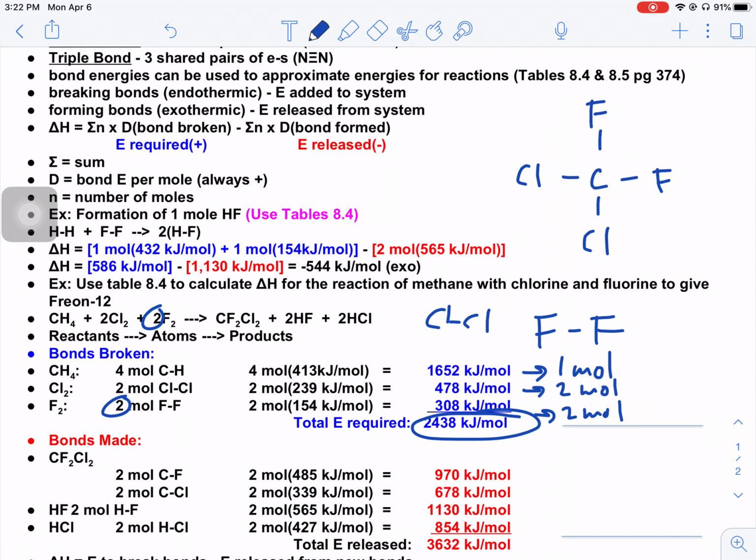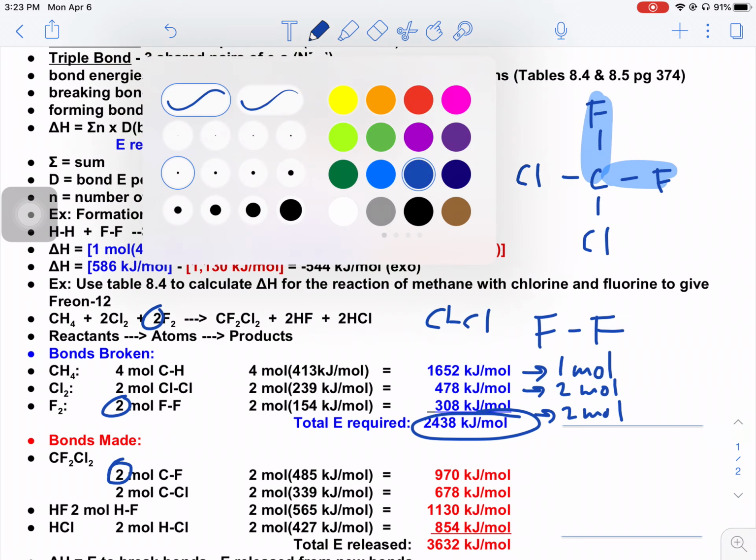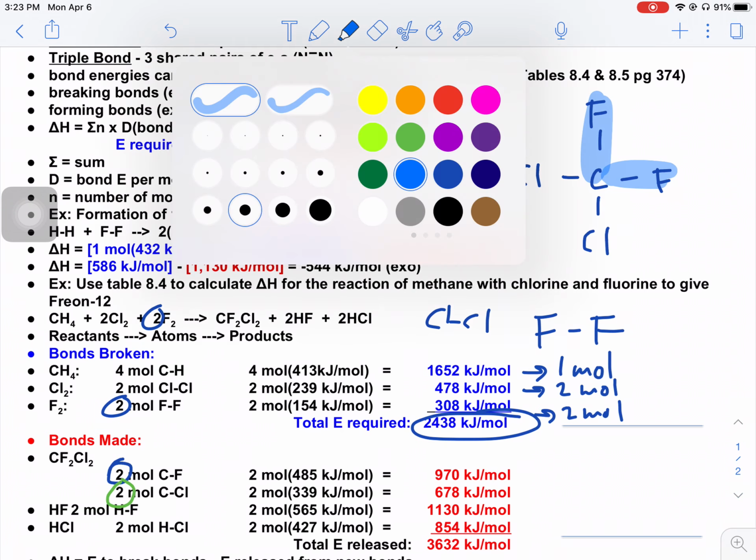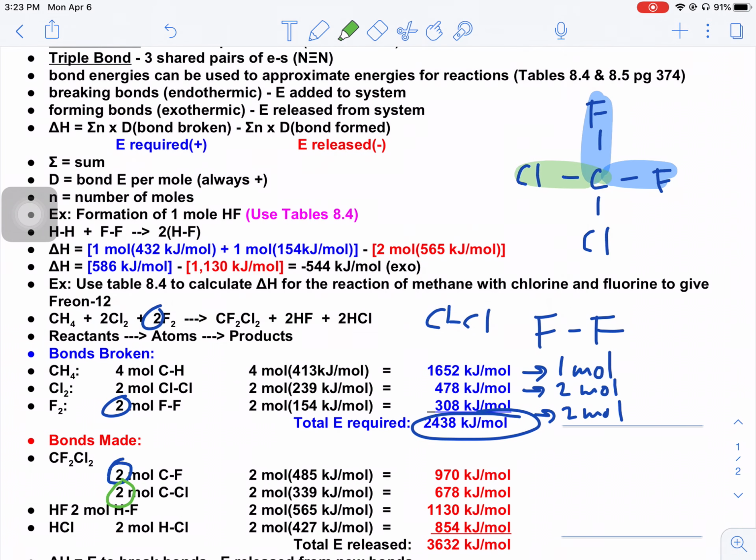So we assume that it's 1 mole. So for every 1 mole of this carbon, chlorine, fluorine compound, we're actually going to get 2 moles of carbon fluorine bonds. So I kind of represented those in blue. But we're also going to get 2 moles of carbon chlorine bonds. So I'll kind of do these in green.